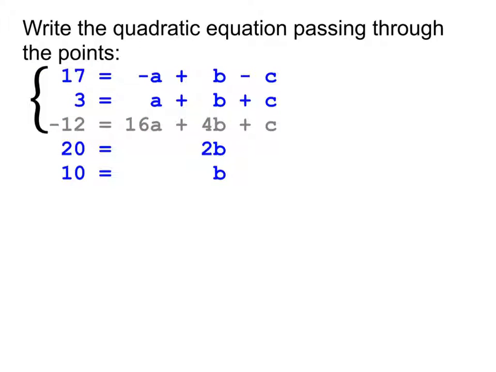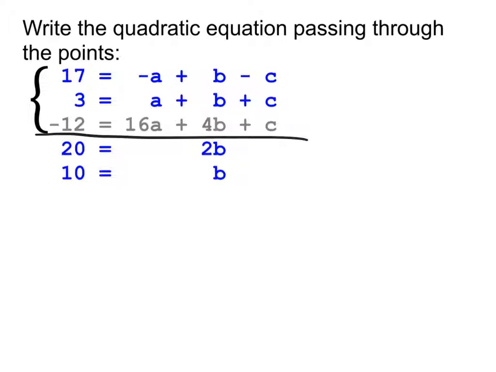If I add those two equations together, just 1 and 2, I end up with 20 equals 2b. Because you'll notice the A's and the C's canceled out in this case. That just made our lives fairly convenient, didn't it? Because after I added those, if 20 equals 2b, then I know that 10 equals b. I just figured out one of my variable values.